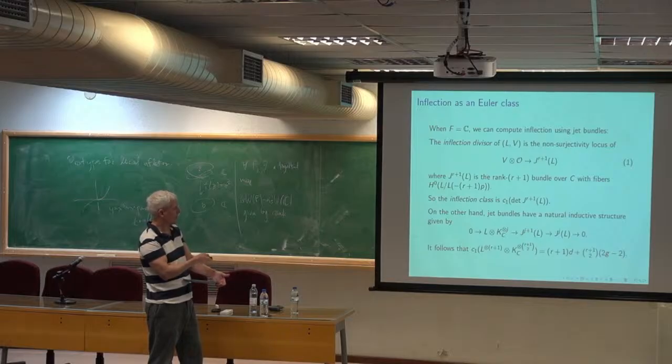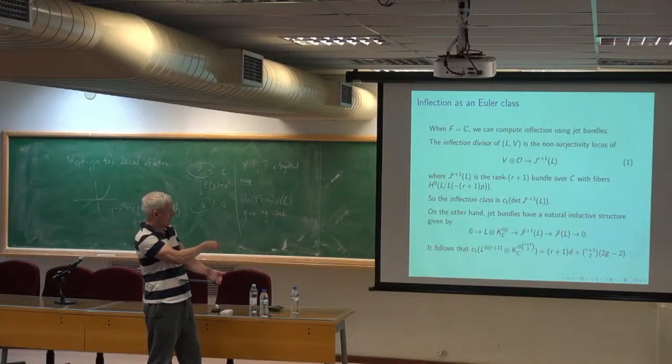But now what we can ask is if there are analogs of inflection over other base fields. It's easy to realize inflection as an Euler class of a jet bundle, a bundle over C of rank r+1 whose fibers are truncated Taylor series of sections up to order r at the point.